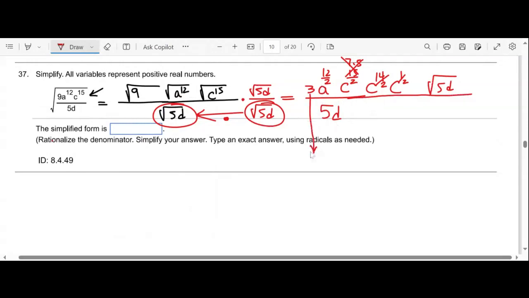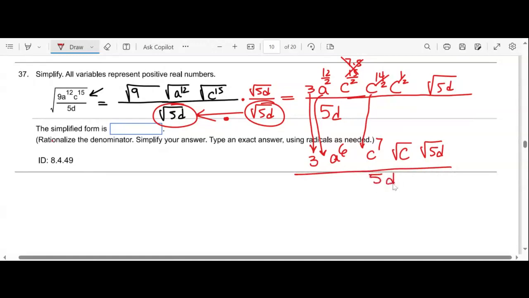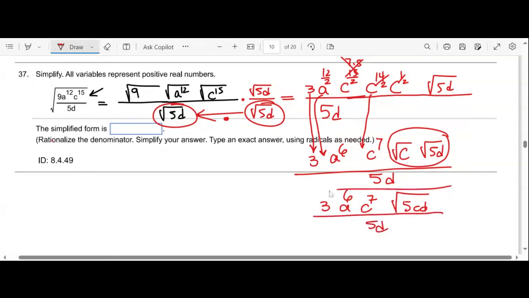So now let's do this. The 3 stays the same. a to the power of 6, c to the power of 7, and this one stays under the square root, and this one stays under the square root, over 5d. Now I can combine this together, so it's going to be 5cd, and this one remains the same, over 5d.